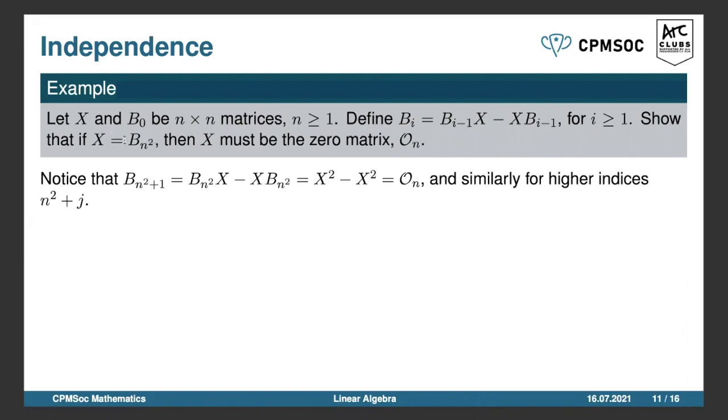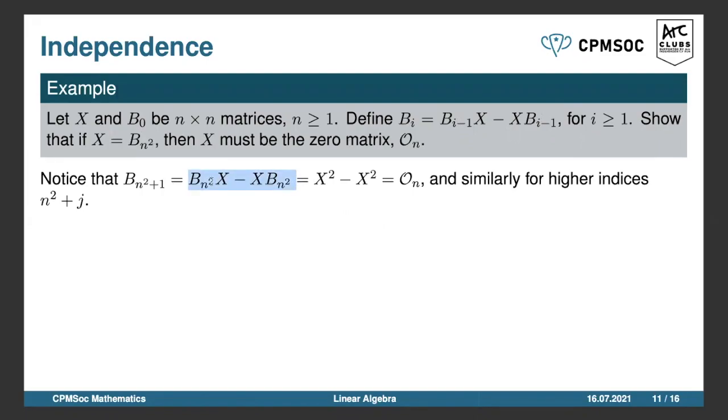So let's take this Bn squared matrix and ask, well, what comes next after it in this sequence? Just by definition, we can expand it like this.